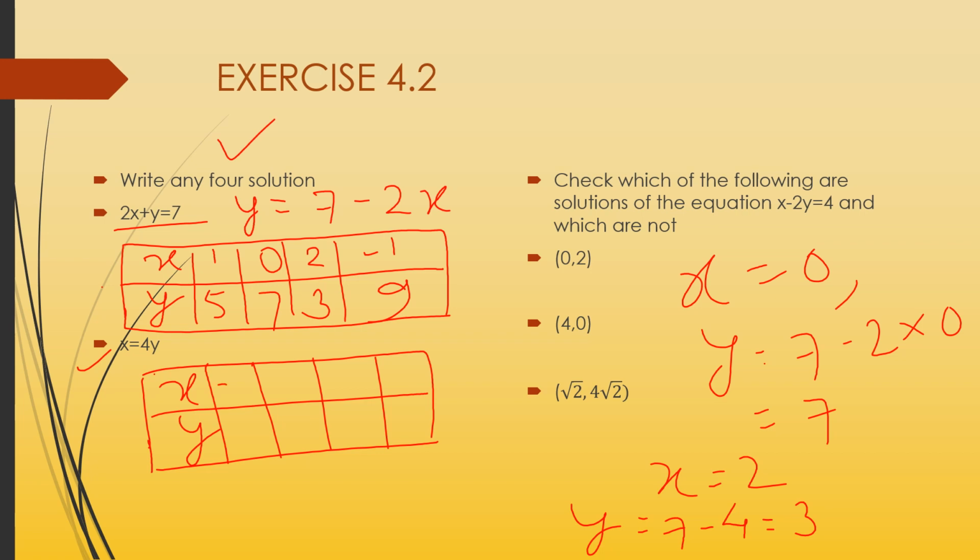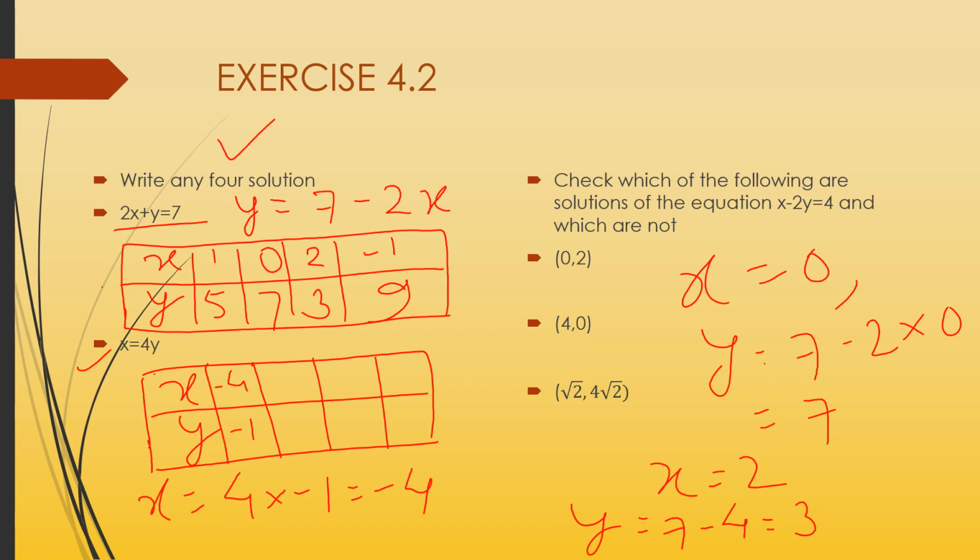Suppose you put y as -1. Here x equals 4y, in place of y we put -1, so x equals 4 into -1, which gives you -4.